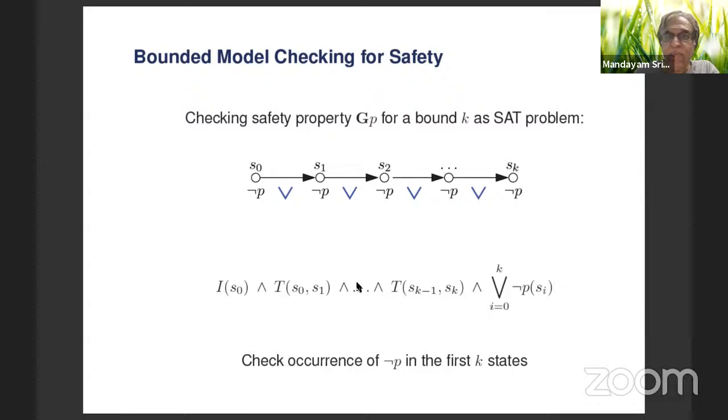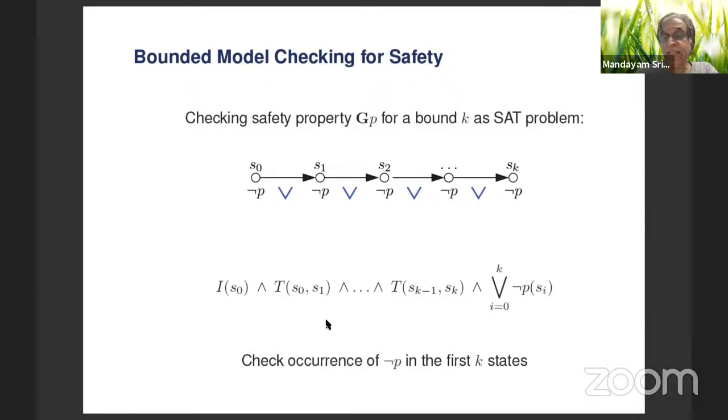The key takeaway is that bounded model checking checks for the existence of counterexamples to a given property up to a bounded length, and it does that by generating a formula whose satisfiability gives you the existence of a counterexample of length K or less.